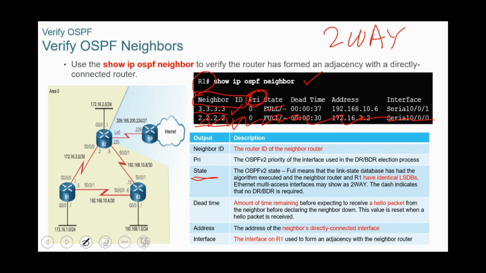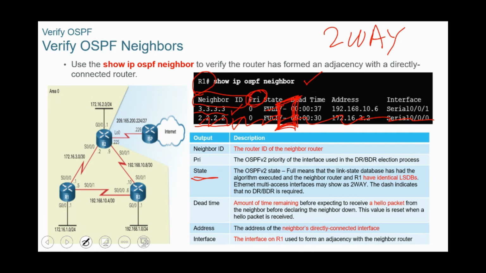In this case, we know that you are using Ethernet multi-access interfaces. And the dash in the interface column means that no DR and BDR is required. Can you see the dash here? That means you don't need a DR and BDR because this is not connected to a multi-access network.